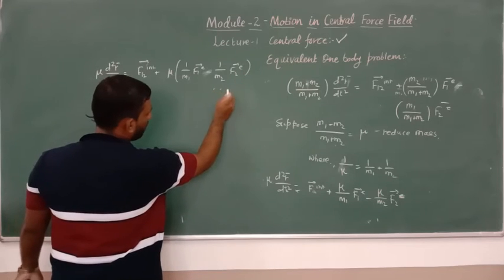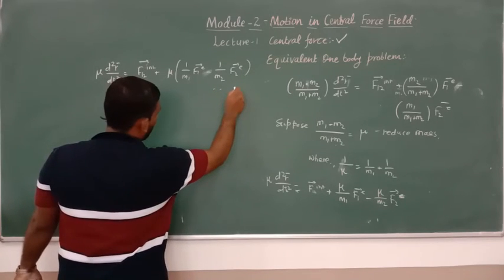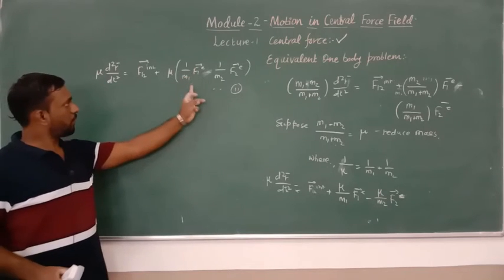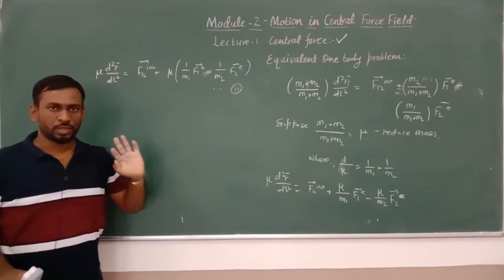So let's say this is equation number 11 or 12. So the next equation you can write over here. So look at this: f1, m1, f2, m2.